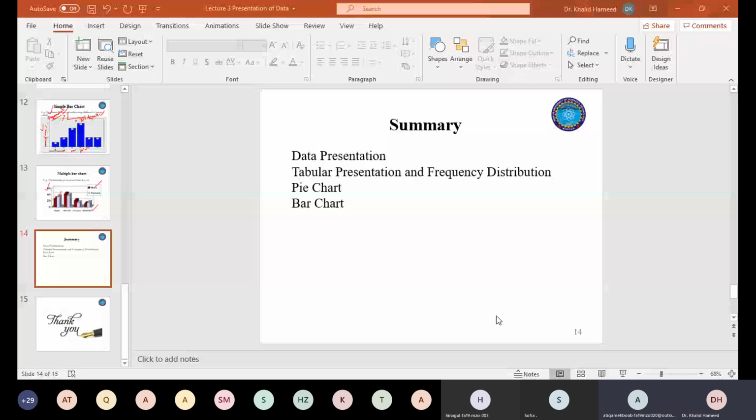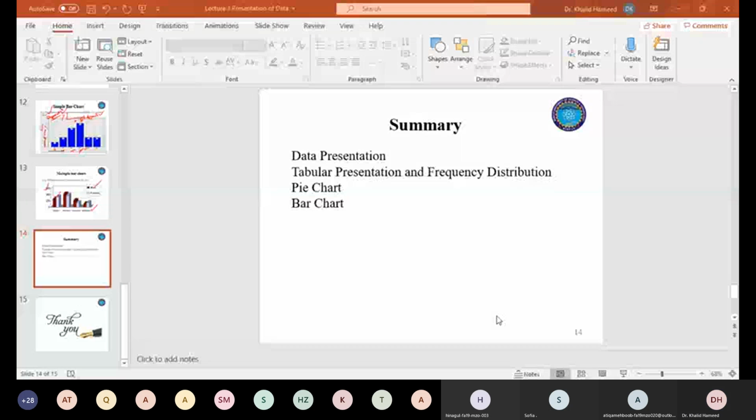Normally, when we classify a data set, your data set is large. That's why you are classifying it, because it's impossible to take a single unit.